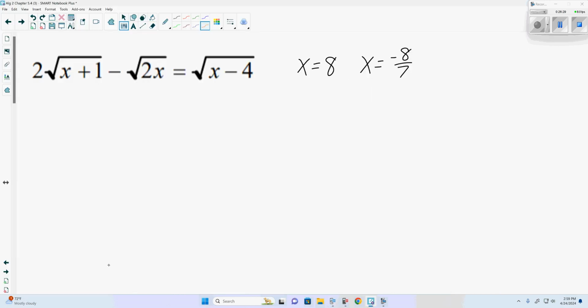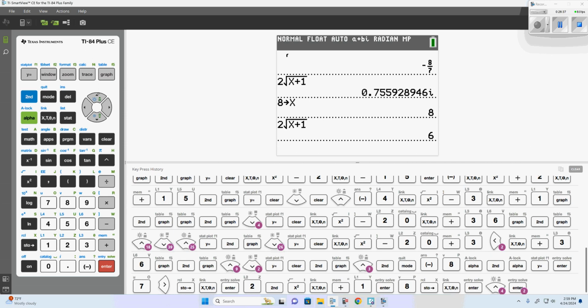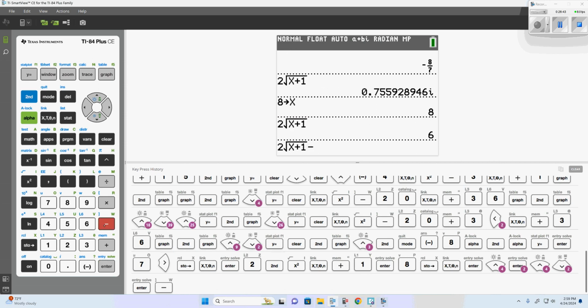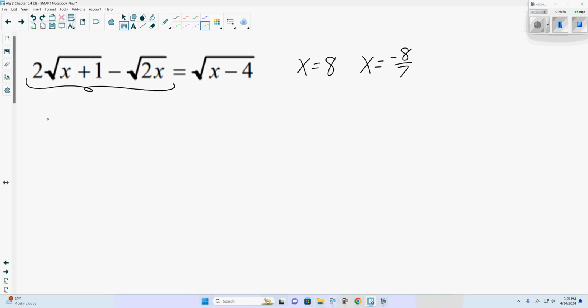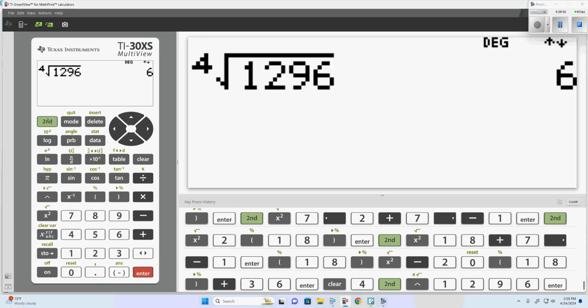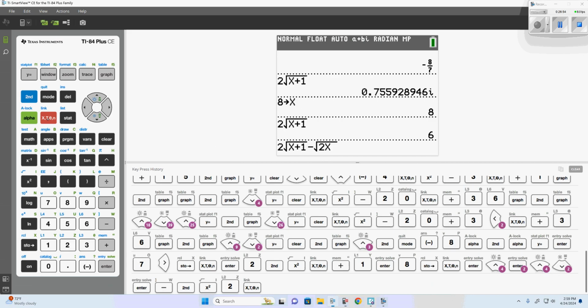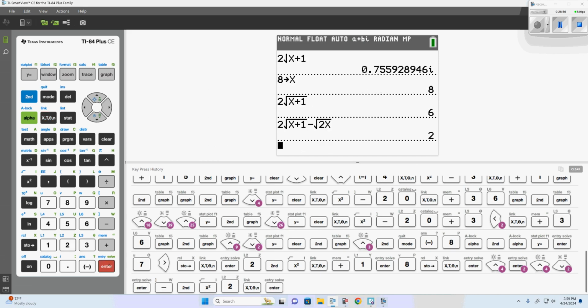Actually, look what we're doing. 2 square root of x plus 1 minus 2 square root of x. Okay. Let's try this again. Minus square root of 2x. 2 square root of x plus 1 minus square root of 2x. Okay.